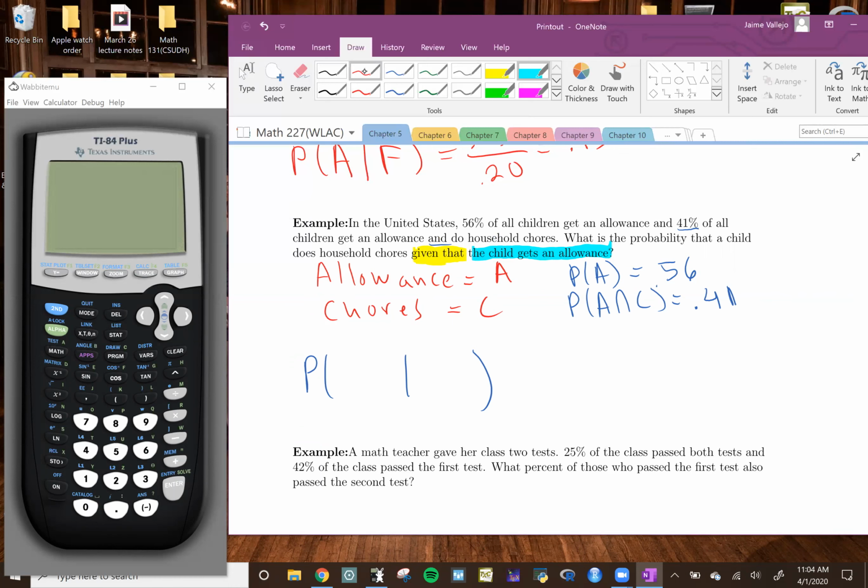So the condition in this case is they get an allowance. So we want to find, of the children who get an allowance, how many of them actually do chores. So we're going to find the probability that somebody does chores given that they get an allowance. Any questions so far on that notation?